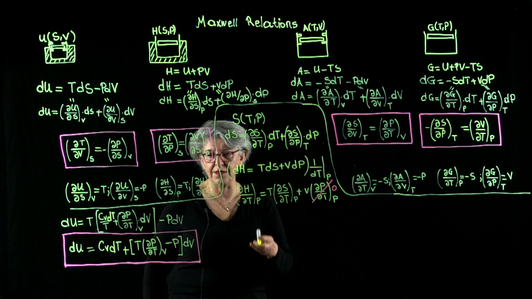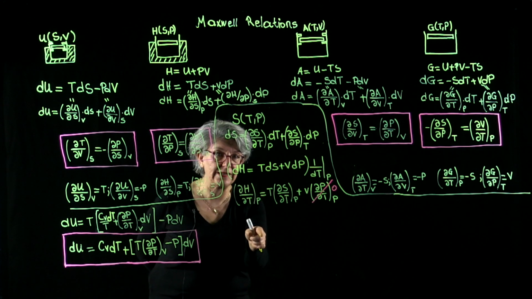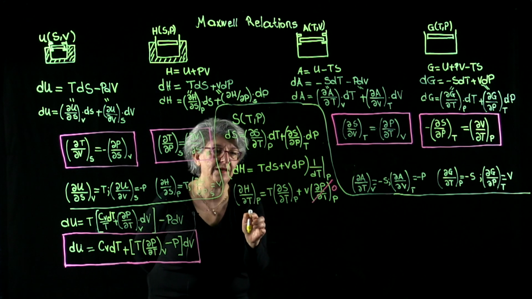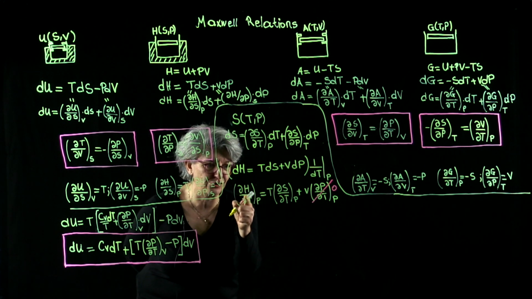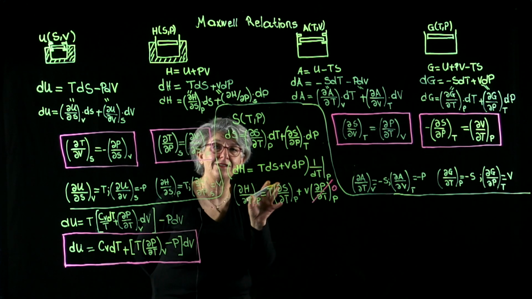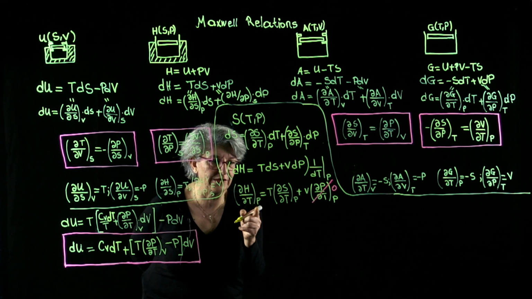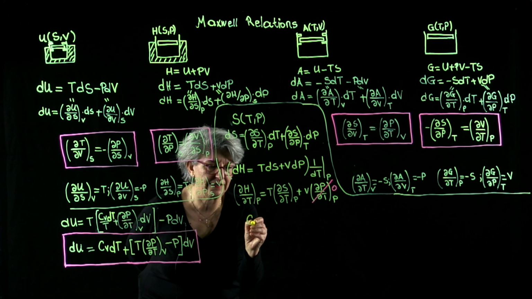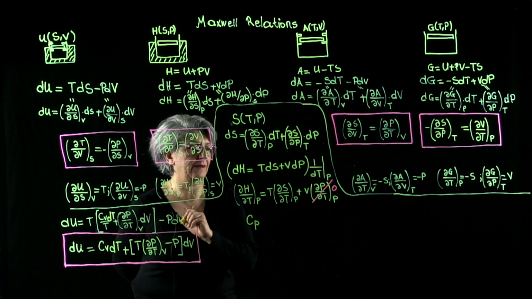And if you remember, dH over dT was equal to Cp star. And here we have del H over del T. Now we are dealing with real fluids. dH over dT at constant P is Cp.